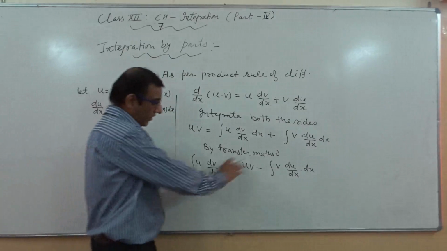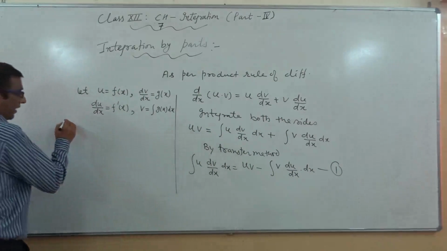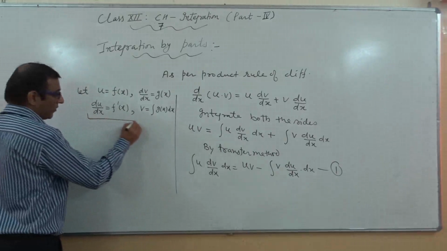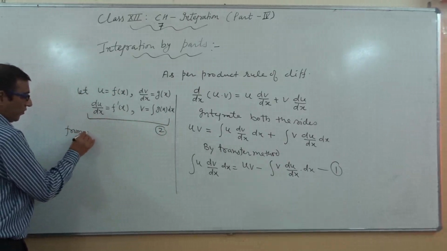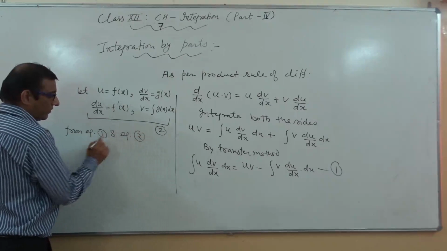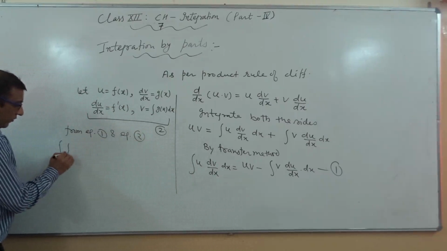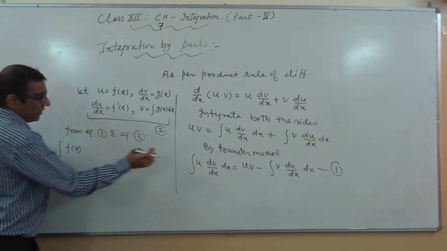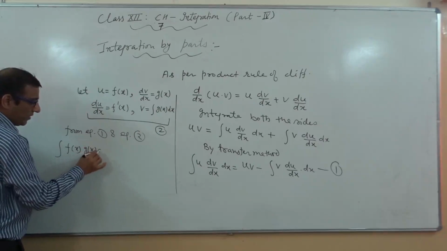We will put this as equation number first, and this is the equation number second. So from equation first and equation second, we can say u equals f(x), dv upon dx is equivalent to g(x).